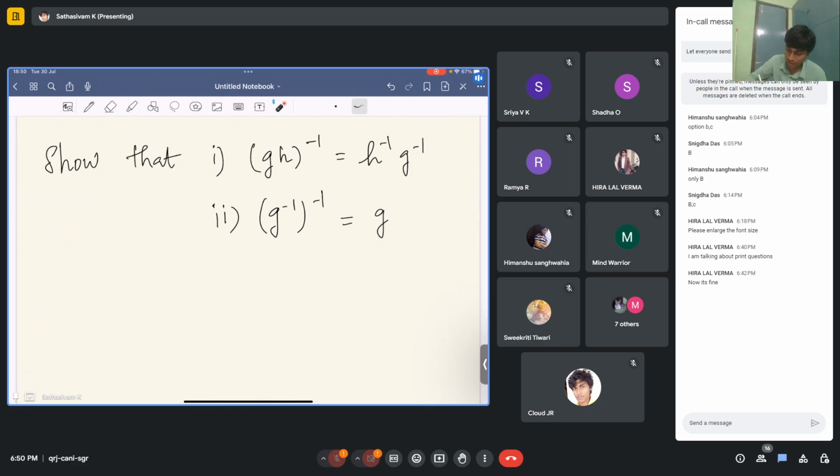So this problem is in the exercise. The first one says (GH) inverse is nothing but H inverse G inverse. So when you take the inverse, it will not directly go like G inverse H inverse. This is not correct, but you have to change the order.